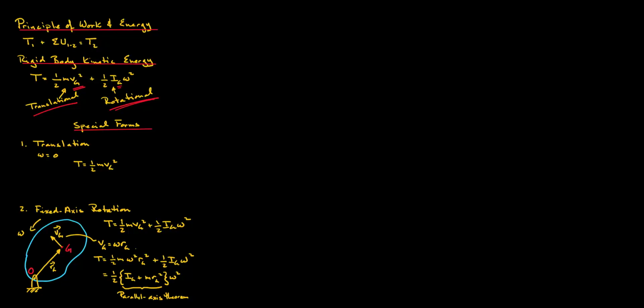So in this case, what this is doing is giving us the mass moment of inertia about an axis r_G away, and that axis is passing through point O. So we can just say that T is equal to 1/2 I_O omega squared.